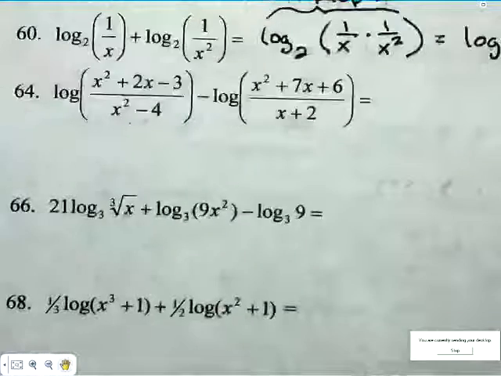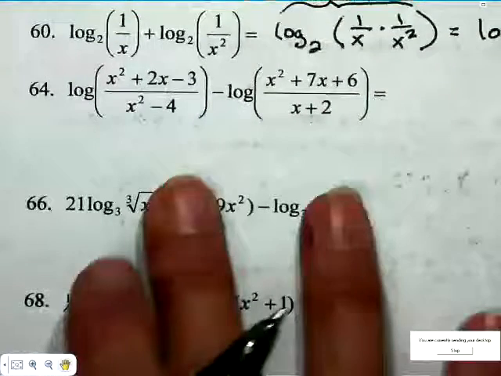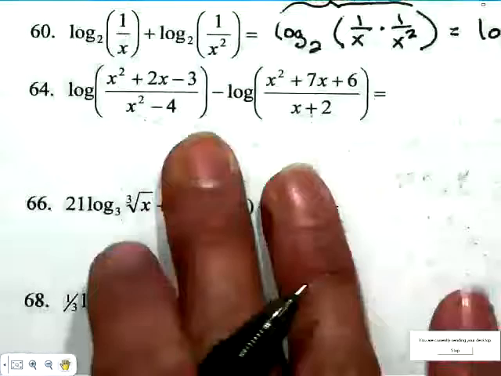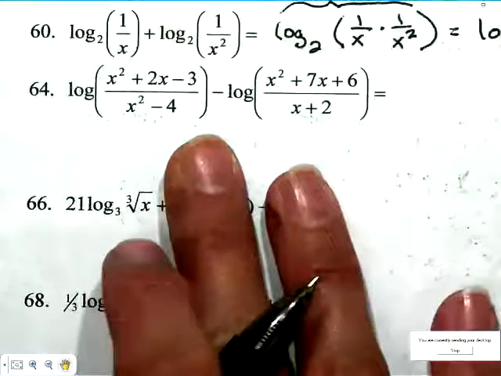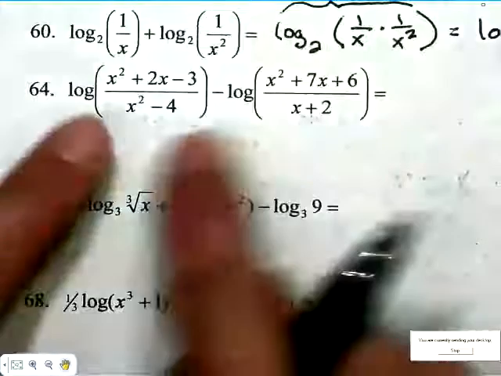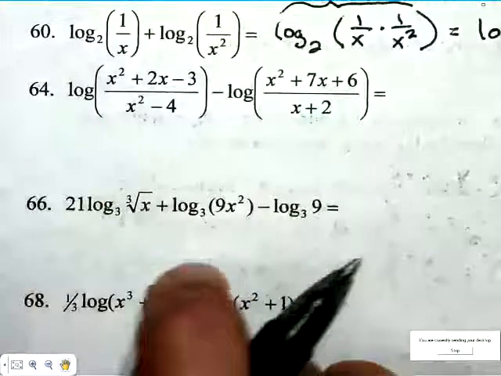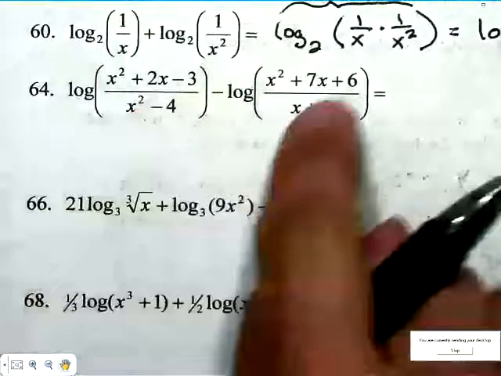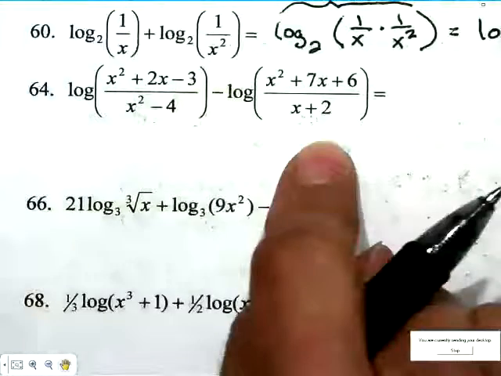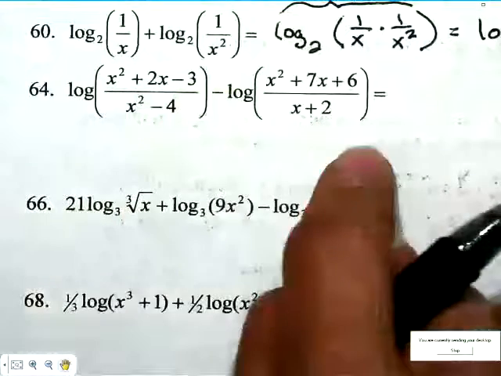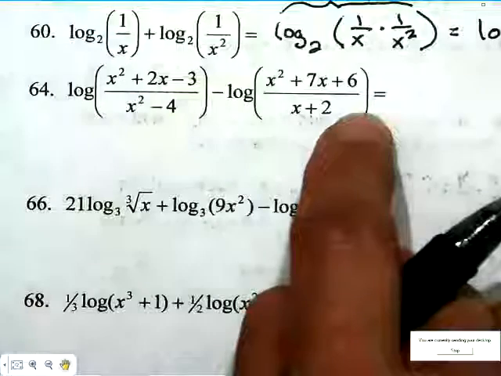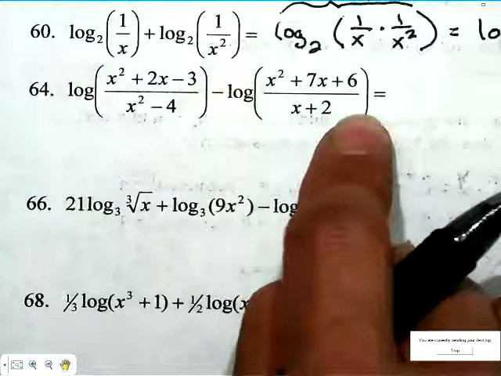All right. I am going to skip 64 just because it takes so long to simplify. Putting it back together is easy. It's just a single log, this fraction over that fraction. But how do you divide by a fraction? Multiply by the reciprocal.